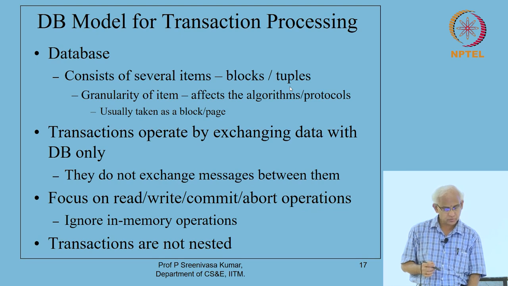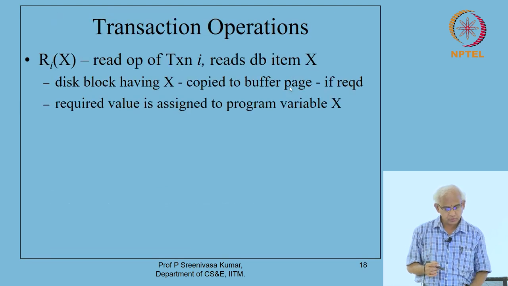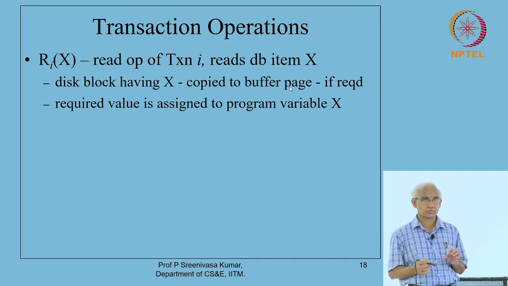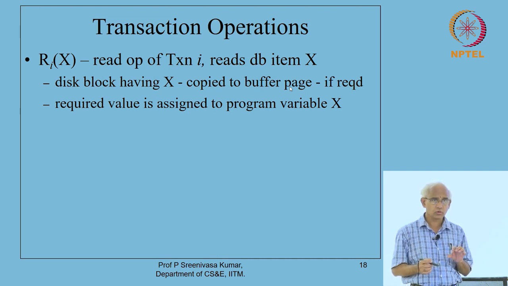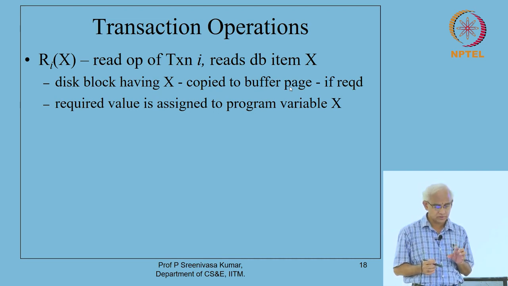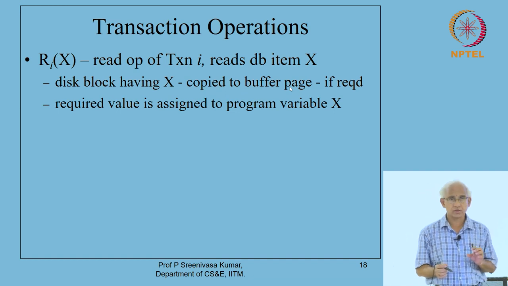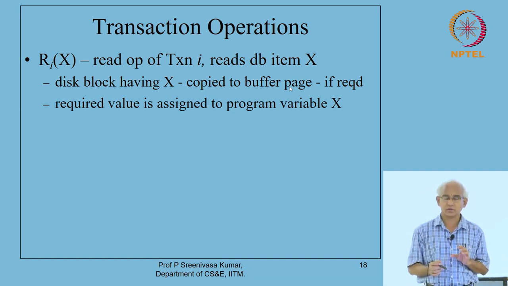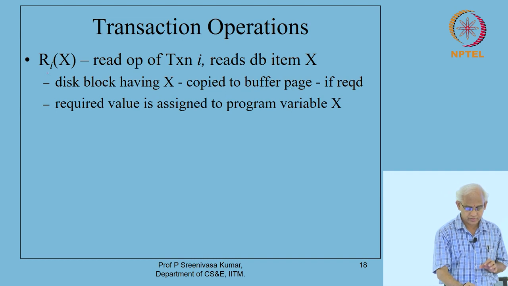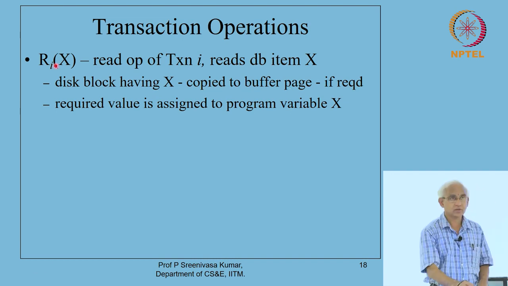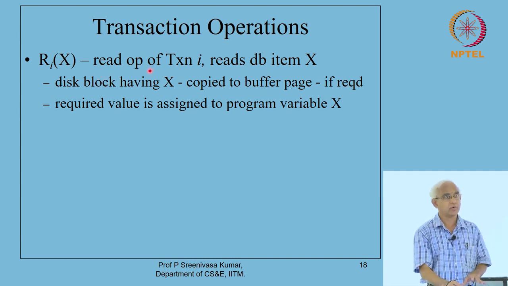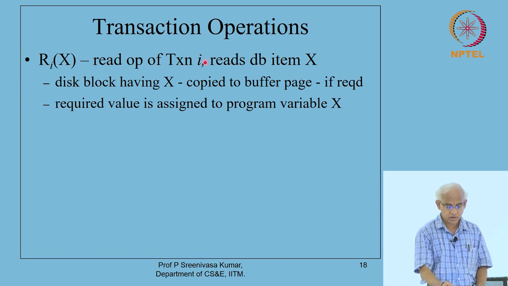So with this background, let me look a little more closely at the operations of these transactions. Let us develop some notation for representing these things. Ri of x will stand for the read operation of transaction i.